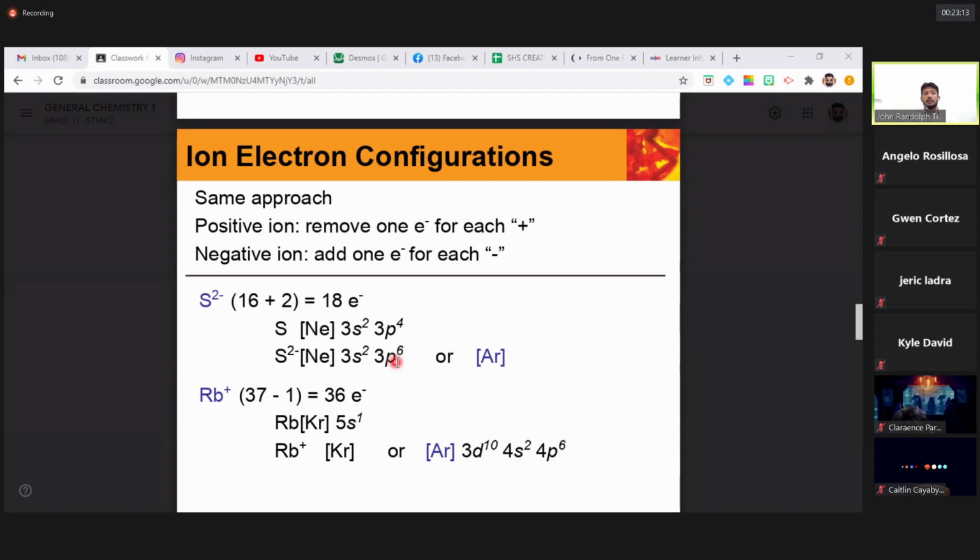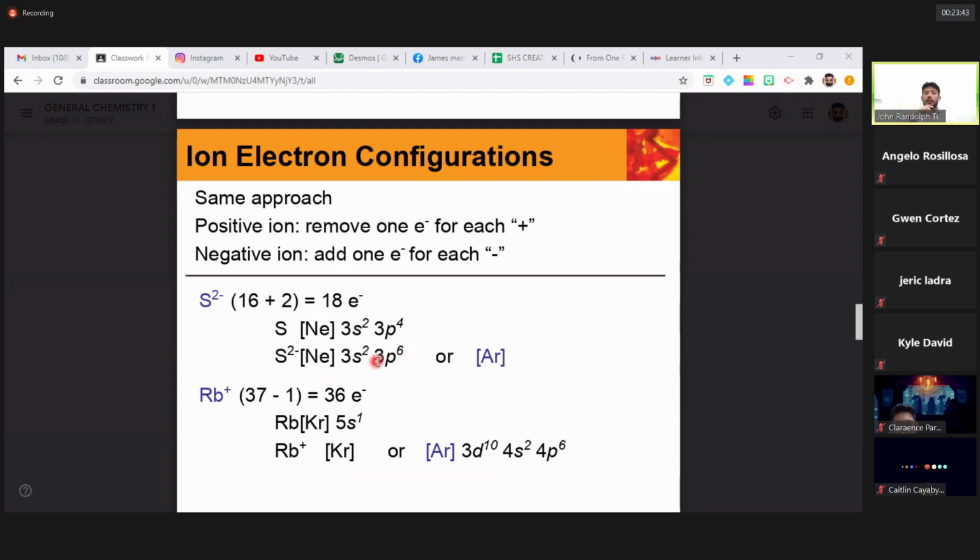So neon 3s2: neon is 10, plus 3s2 that's 12. Now you need 18, so your 3p is simply 6, right? The maximum for p is 6. S is 2, P is 6, D is 10, F is 14. So 3s2 3p6 makes a total of 18 electrons.